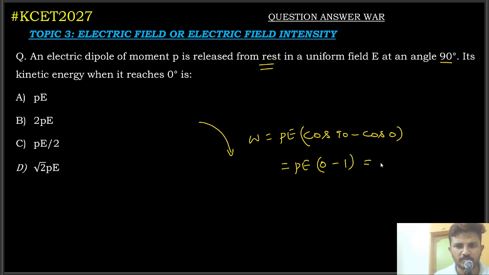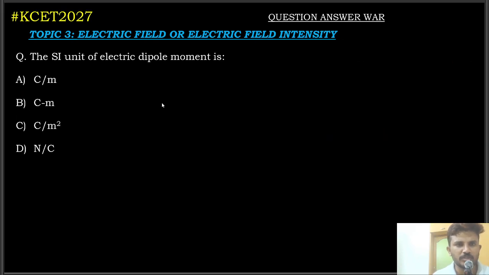So it will be minus PE. So the magnitude is PE, so option A is correct. The SI unit of dipole moment is coulomb meter, option B is correct.